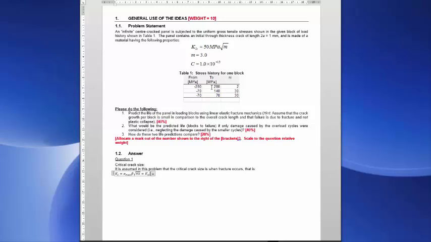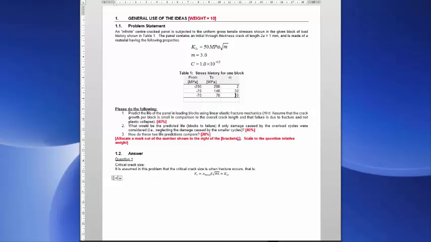Now if we look at the problem, we can clearly say that in this problem sigma max is equal to 280. So we have 280, right? Or let's write an equation for the critical crack size.